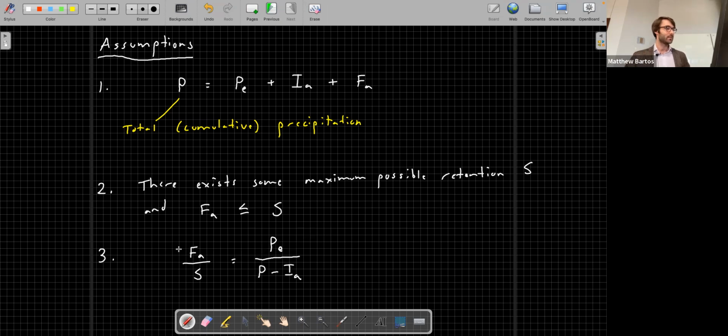Let me just label these. This component here is the ratio of actual to potential infiltration.